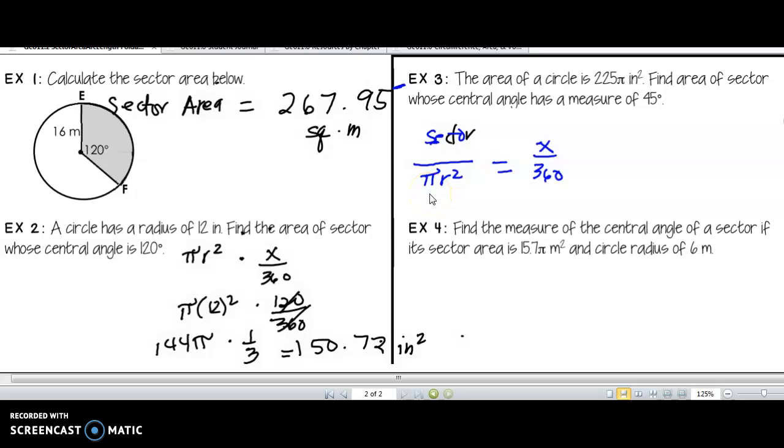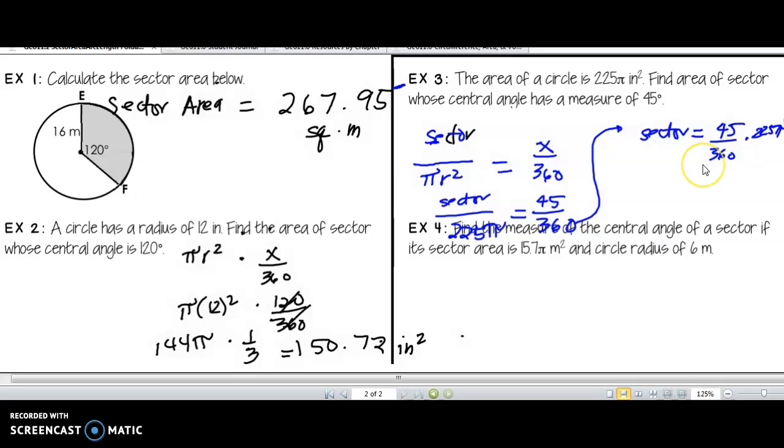Substituting the values, we're looking for the area of the sector, the area of the circle is 225 pi, and the central angle is 45 over 360. So to find the sector, we'll get 45 over 360 times 225 pi. Go ahead and do that in your calculator and get the final answer.